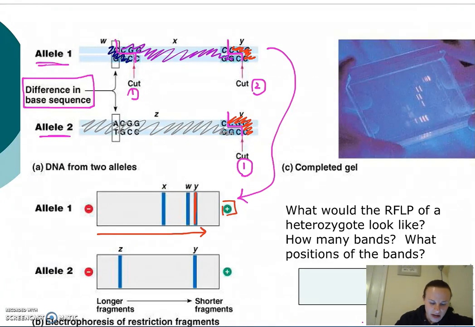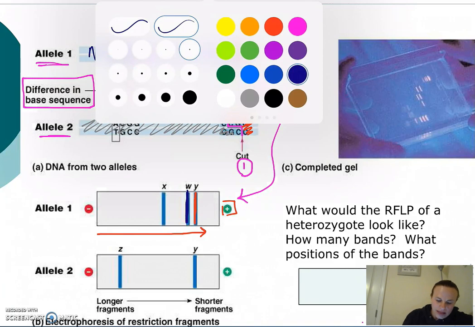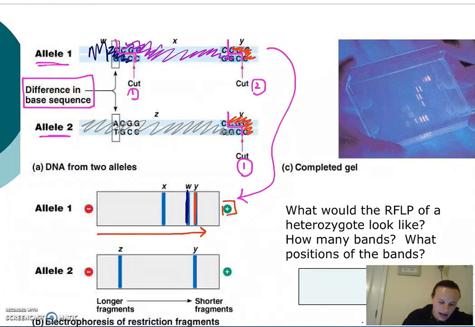Then I've got my slightly larger fragment, fragment W, which travels almost as far down, but not quite. And then I've got a band that represents fragment X that's larger than Y and W, so it does not travel as far down the gel as the other two fragments.